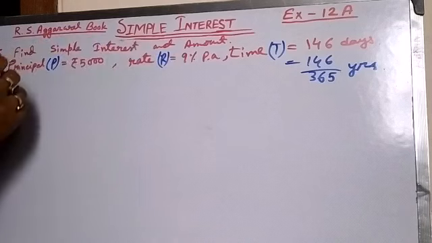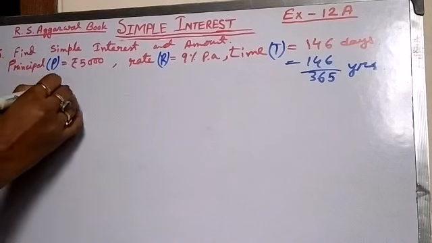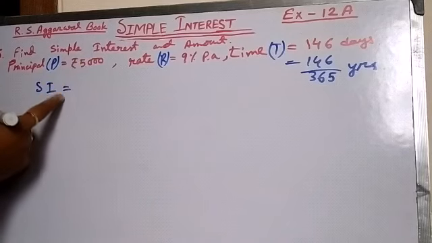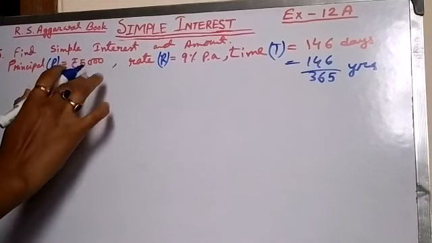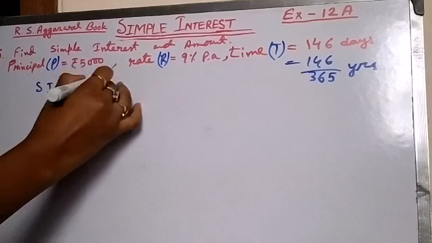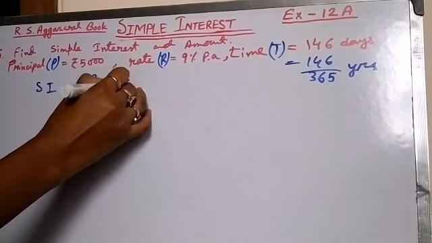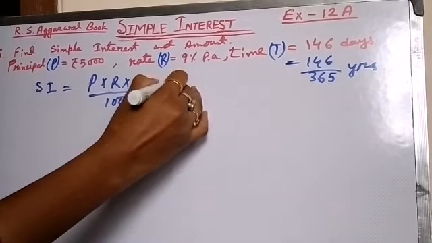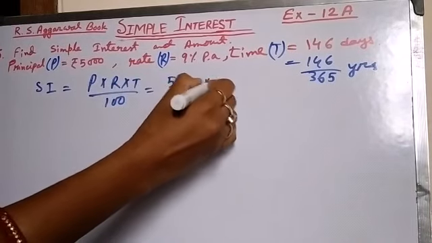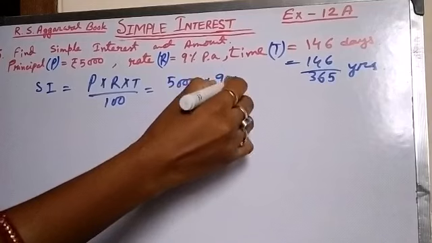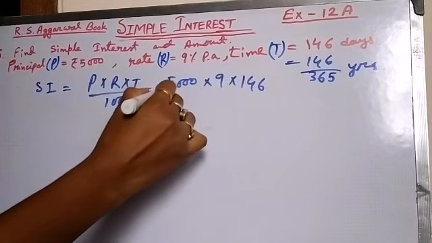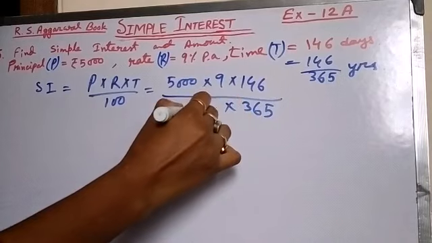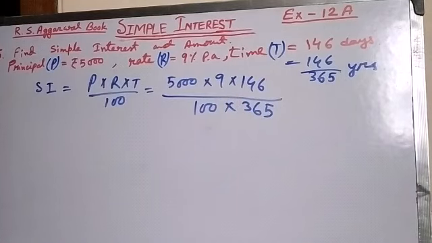In the formula we can use that because that is already converted into years. So SI equal to P into R into T by 100. So P is 5,000 into 9 into 146 by 365 into here is 100.